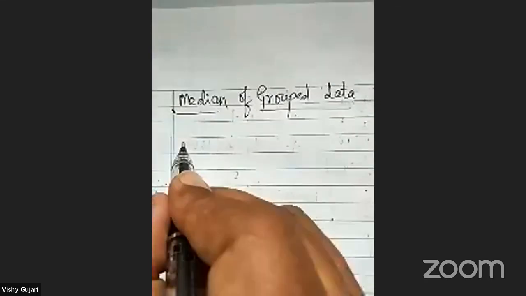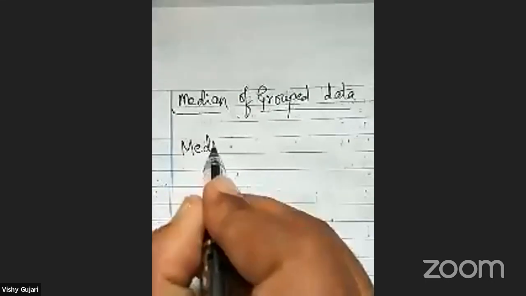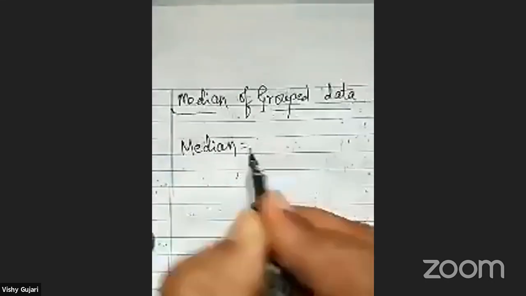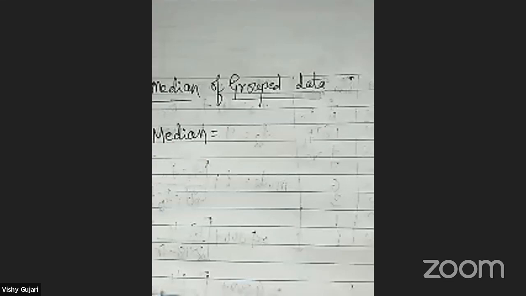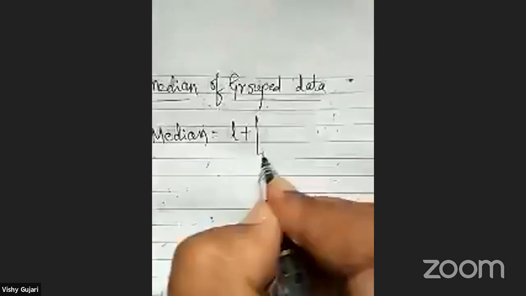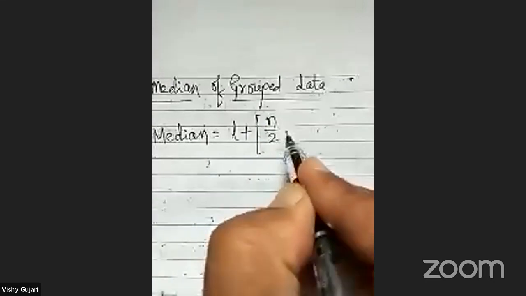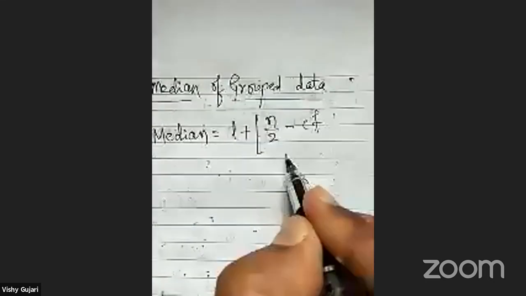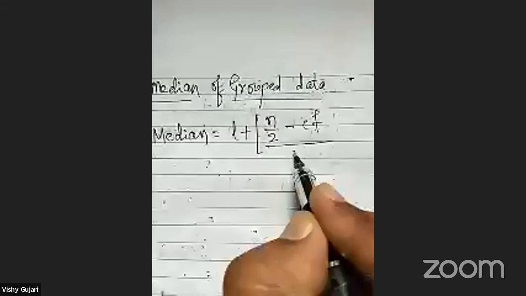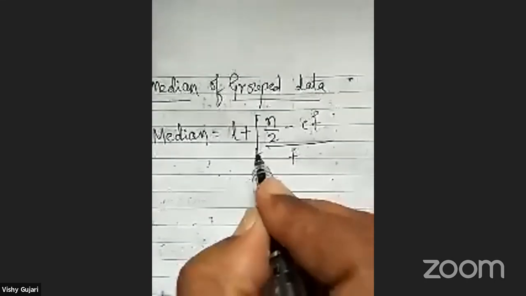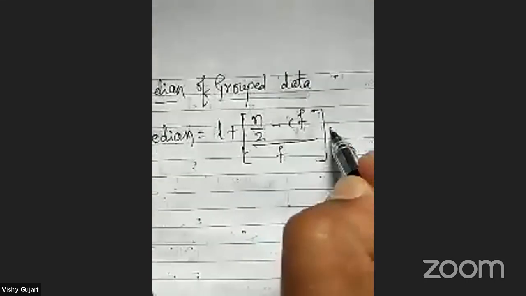Median is equal to L plus (n by 2 minus CF) divided by F, into H.